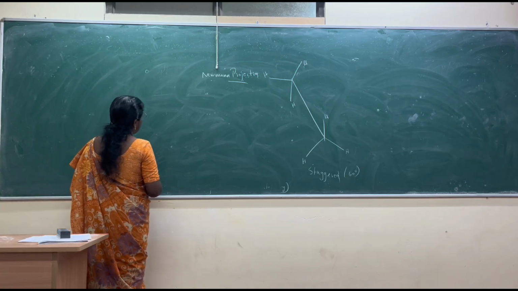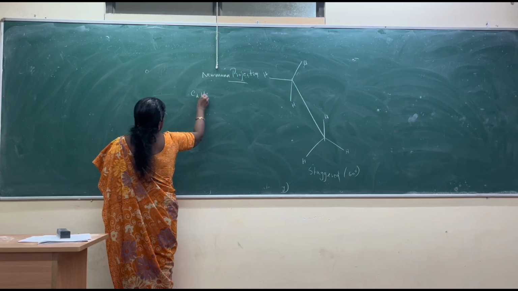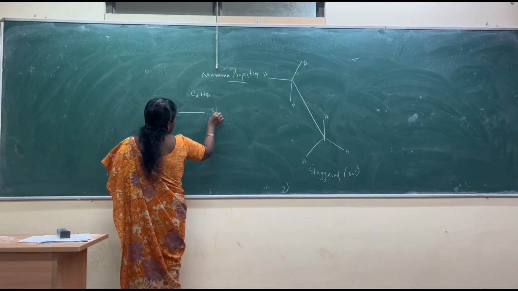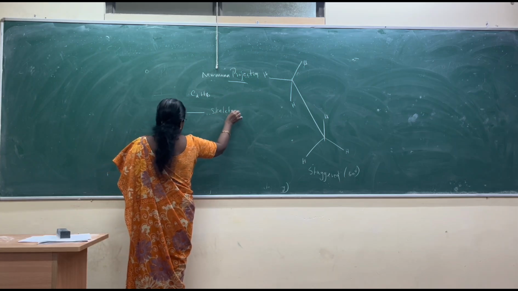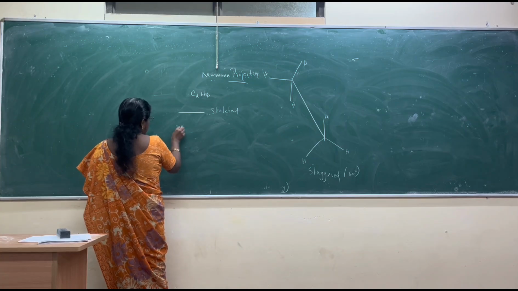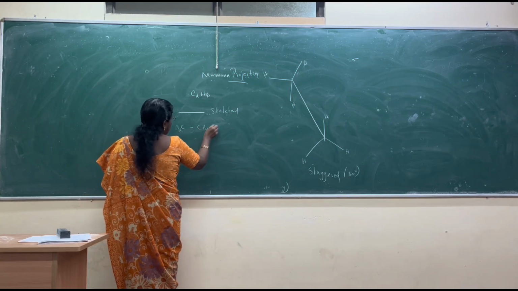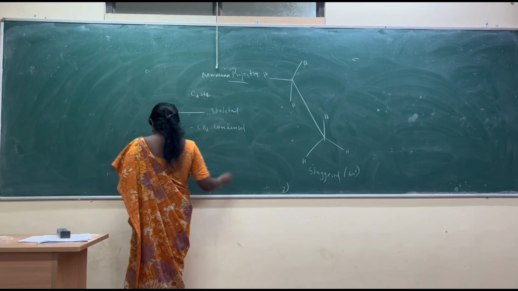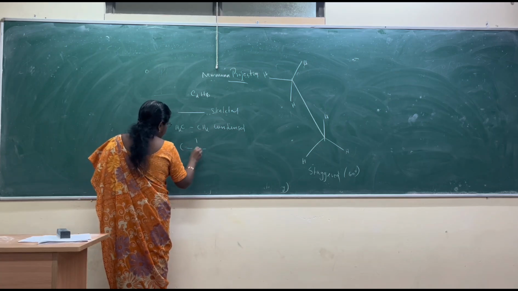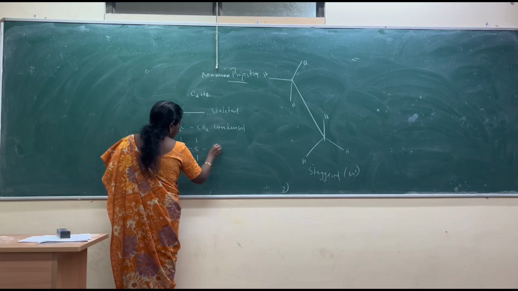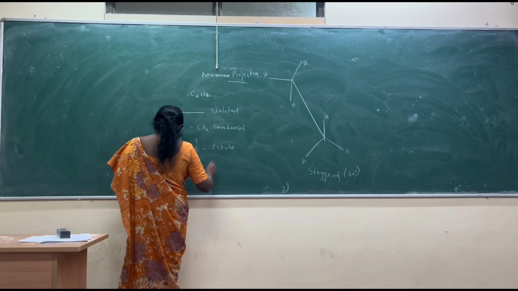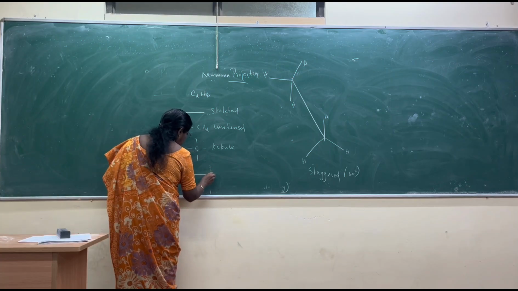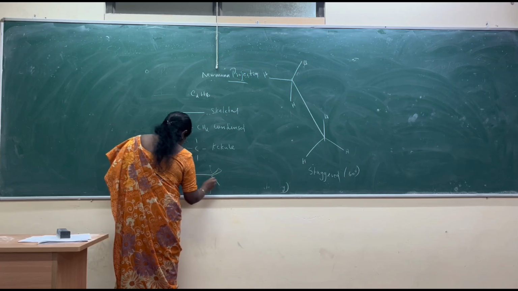So for example, we are taking ethane, C2H6. Ethane can be represented in many ways, like the skeletal structure, the condensed structure, the Kekulé structure, and the perspective model.